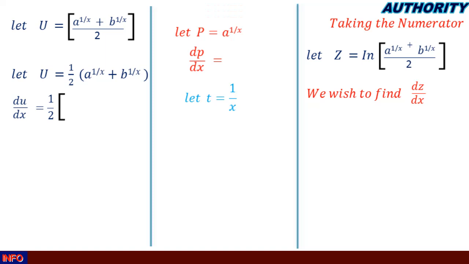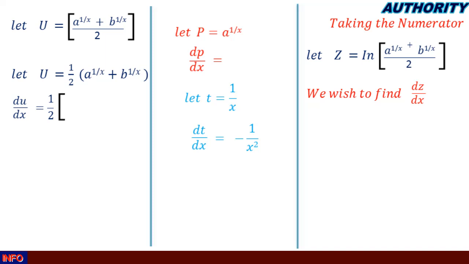As we differentiate, it's going to give us minus 1/x squared. Is that true? Yes. Please pay attention, this is elementary differentiation. We say t is equal to 1/x, and we find dt/dx, which is minus 1/x squared.